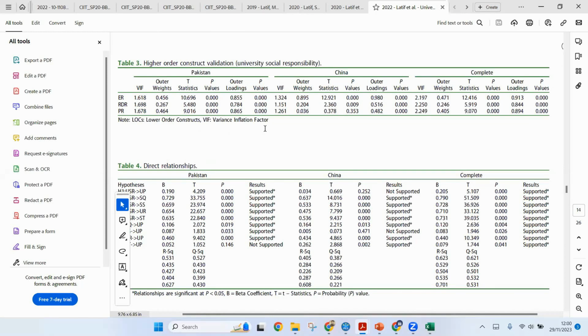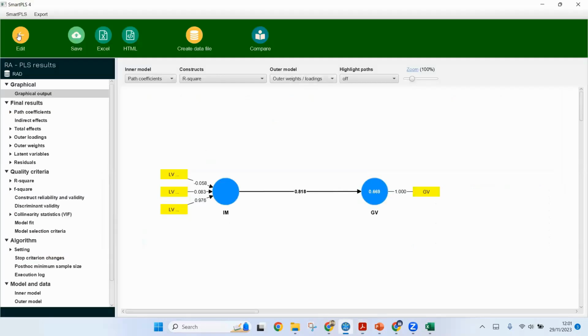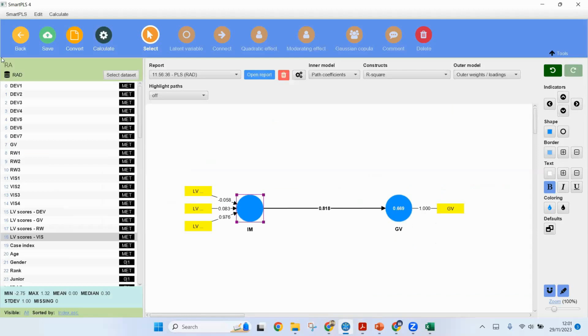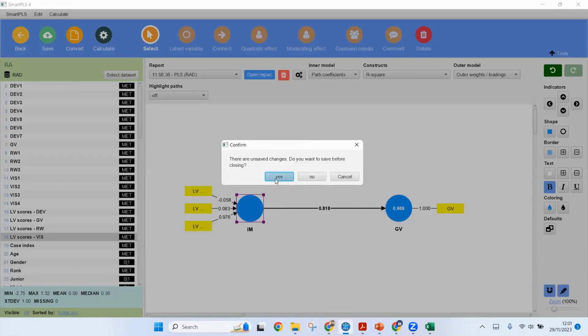So what we have done till now today is we have assessed the reflective higher order construct and how to check it for validity. I know one more thing. I'm sorry. Before I do this, go back.